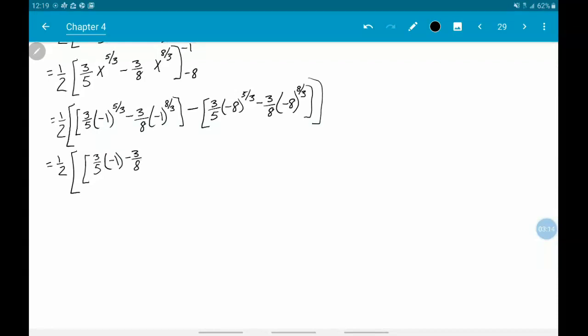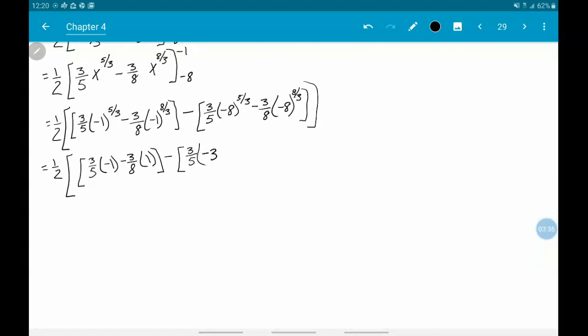If we take -1 to the 8/3 power, we're going to get a +1. If we take -8 to the 5/3 power, we're going to get a -32. And if we take -8 to the 8/3 power, we're going to get a +256.